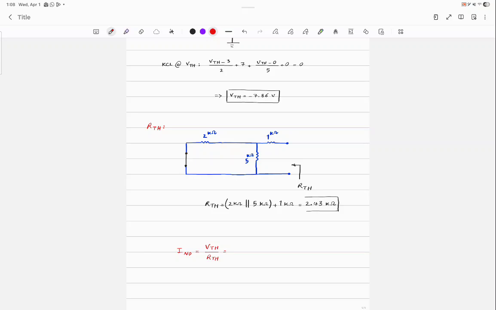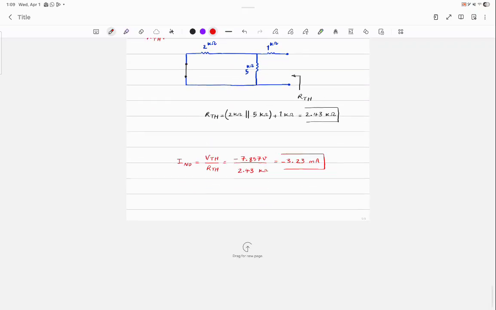So negative 7.857 divided by 2.43. This is volt. This is kilo ohms. What is it? Negative 3.23 milliamps. This is what I have.